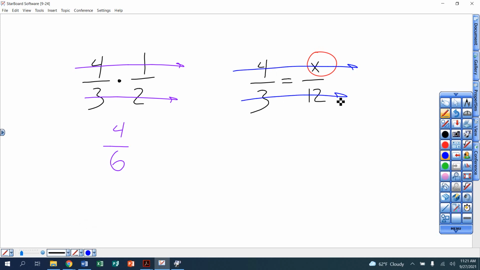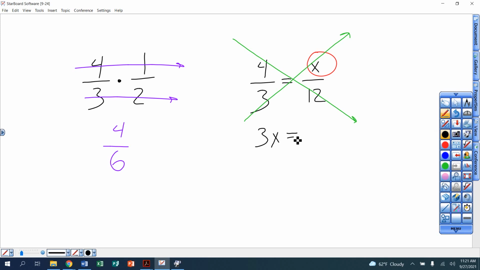For these, because you don't have a dot between them, these ones you go crisscross, timed this way and then timed this way. The first way I times 3 times x, that gives me first part of my equation, 3 times x, we write it like that.